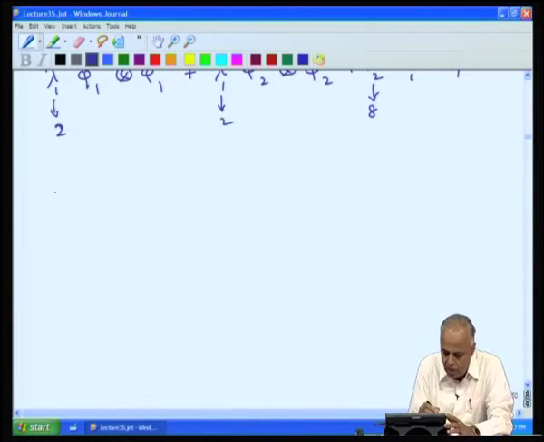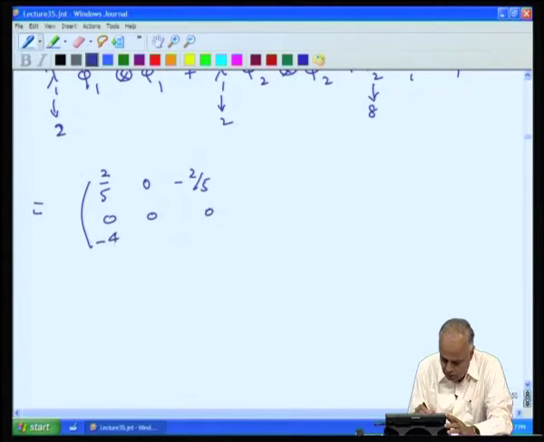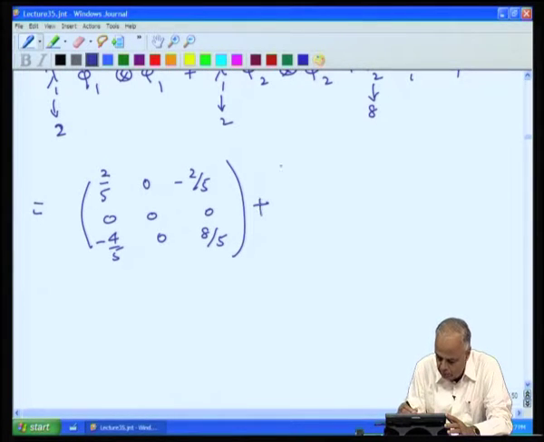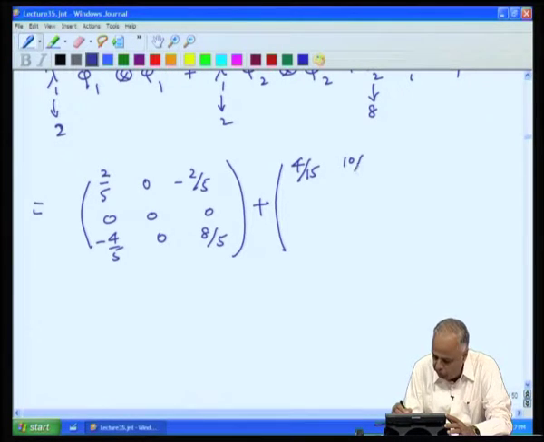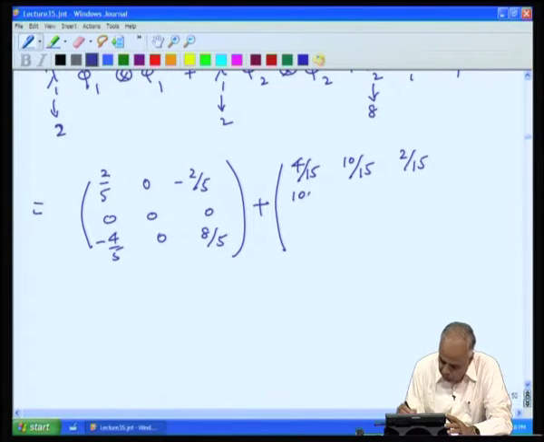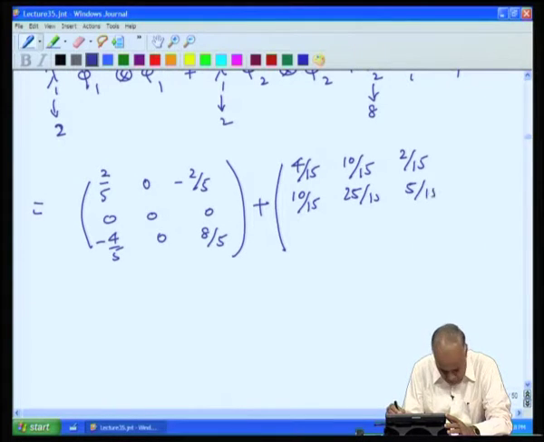When we substitute all that, we get the summation as 2 by 5 0 minus 4 by 5, 0 0 0, minus 4 by 5 0 8 by 5, plus 4 by 15 10 by 15 2 by 15, 10 by 15 25 by 15 5 by 15, 2 by 15 5 by 15 1 by 15.